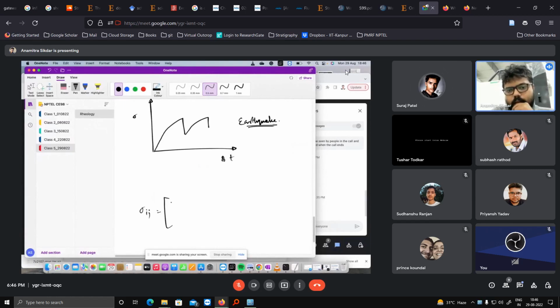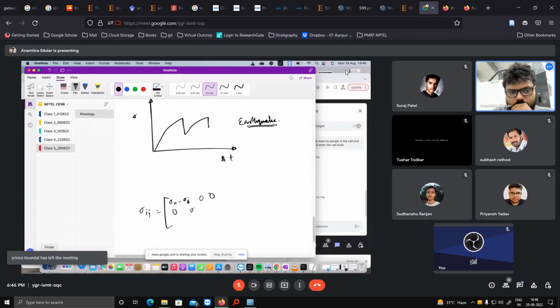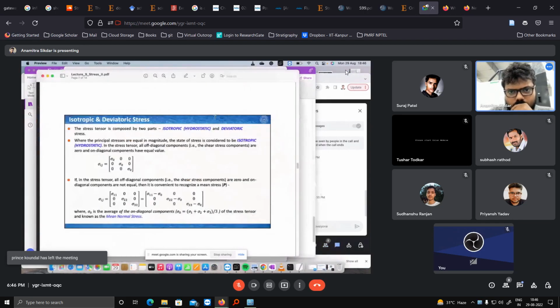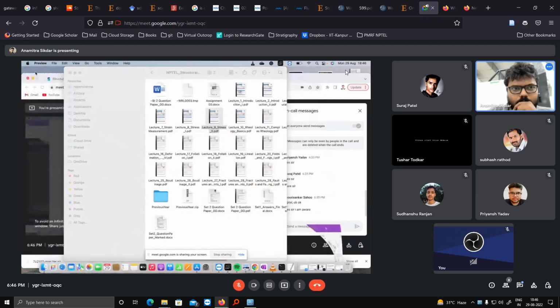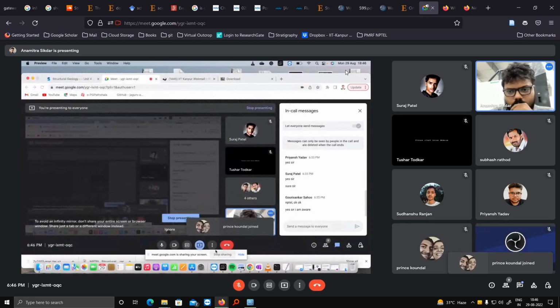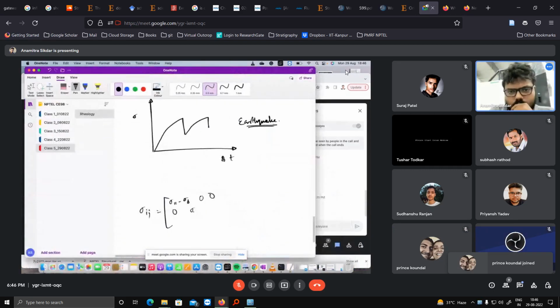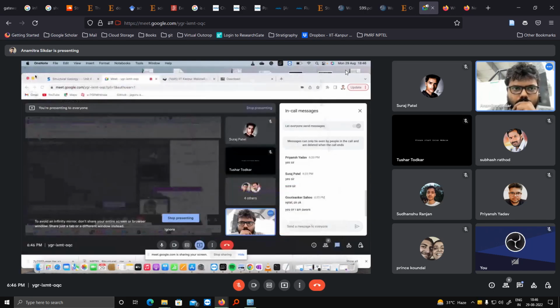So it is somewhat like this: sigma 1 1 minus sigma 0, again 0 0 0 sigma, something like that, right? So it will be plus sigma 0 like that. Okay, all right.